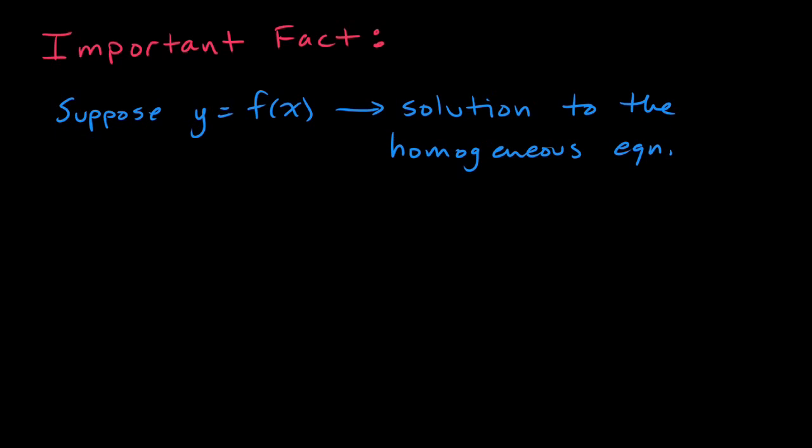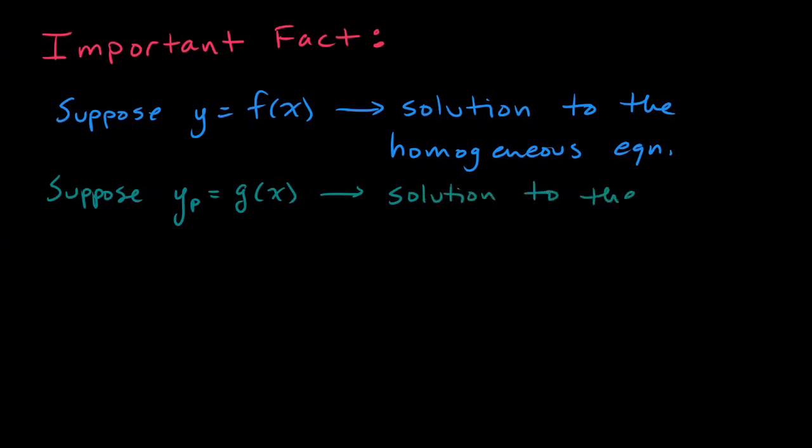Now, we want to further suppose that y sub p equals g of x is a solution to the non-homogeneous case.